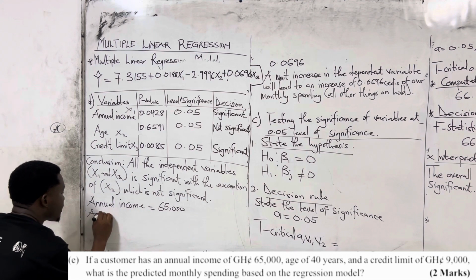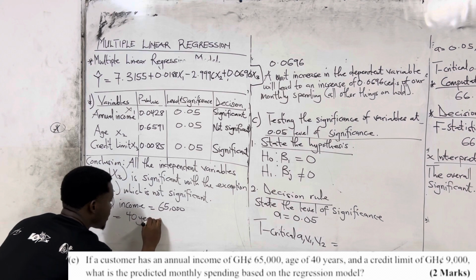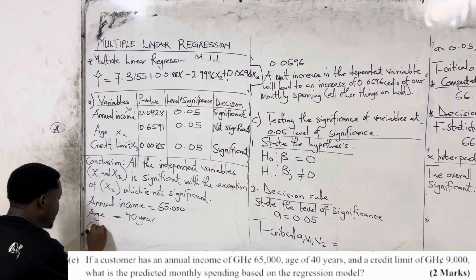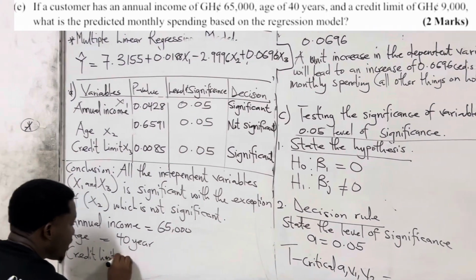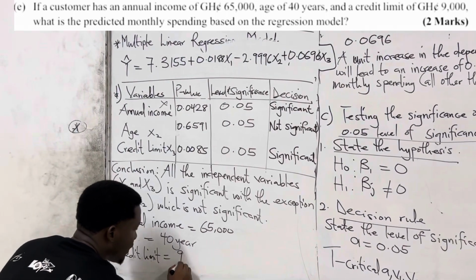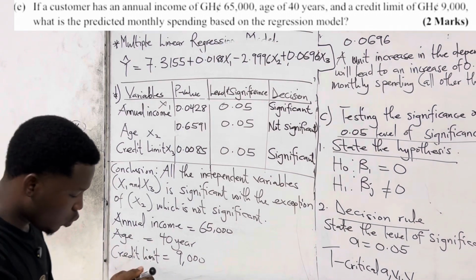Our age has been given to us as 40 years. And our credit limit has been given to us as 9,000.